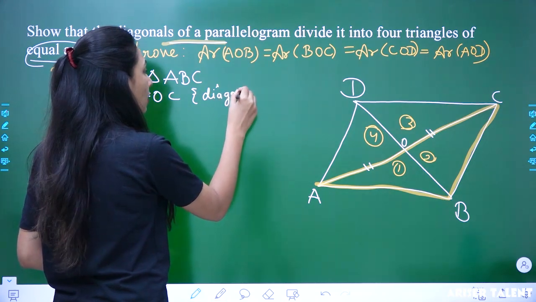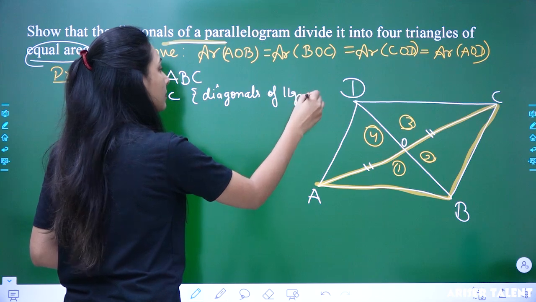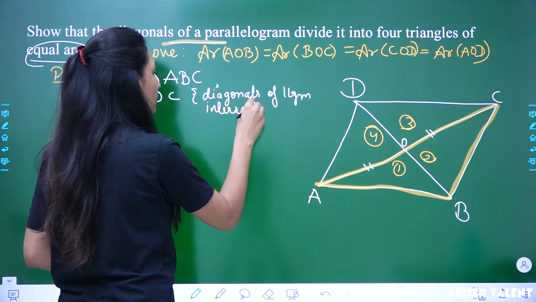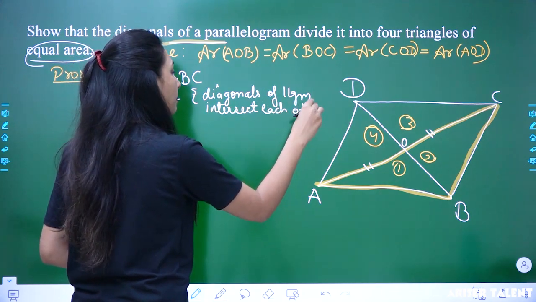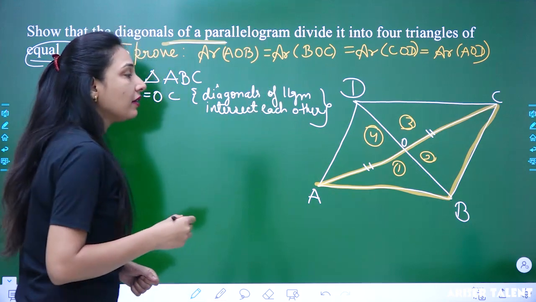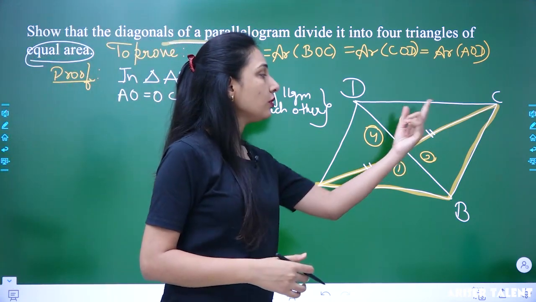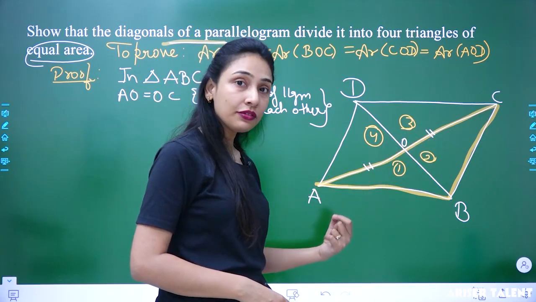Because diagonals of a parallelogram bisect each other. But what benefit are we getting from this? Look, if AO is equal to OC, that means OB is dividing the side into two equal halves, right?